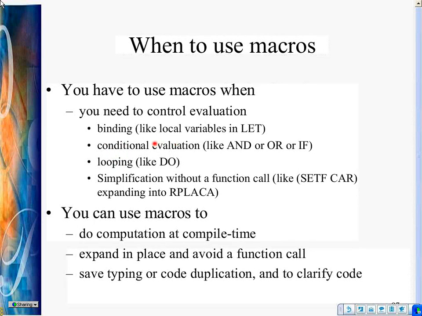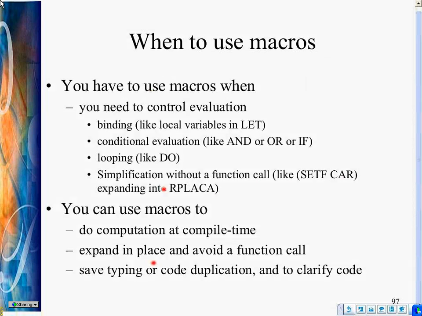So if you want to do something where you've got local binding, if you want to do something with conditional evaluation, which is what and, or, if does, if you want to do looping, and if you want simplification without a function call, so that your code is more readable, like setf of car, which can be replaced with rplaca, but this might be a little bit more readable.